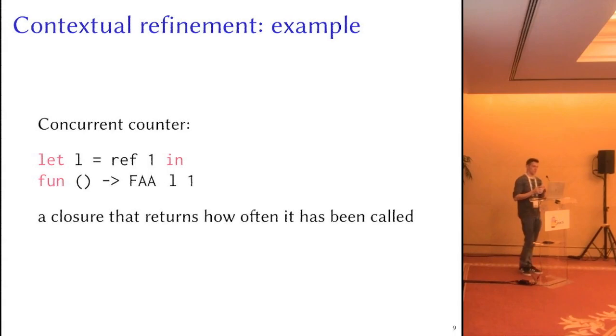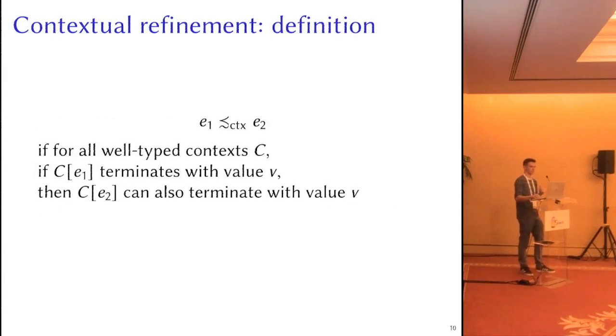Now, this data structure is linearizable since it always returns the correct amount of how often it has been called. And we will use contextual refinement to show that this is the case. So what is that? We say that program E1 contextually refines program E2 if for all well-typed contexts or clients C, using the client with program E1 that terminates with value V, then this is also a possible return value for when the client would use program E2.